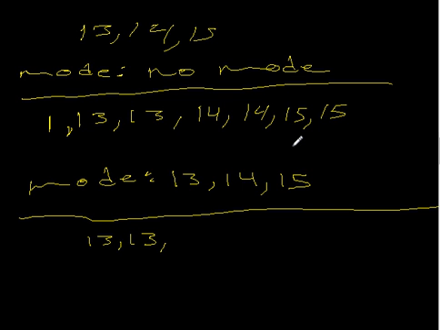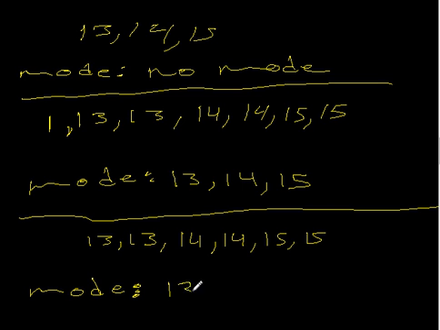Because they all occur more than one. They all occur more times than the number 1 occurs. They all occur one time more than the number 1 occurs. However, there is a mode with this. They all occur the same amount of times, but they all occur more than one time.